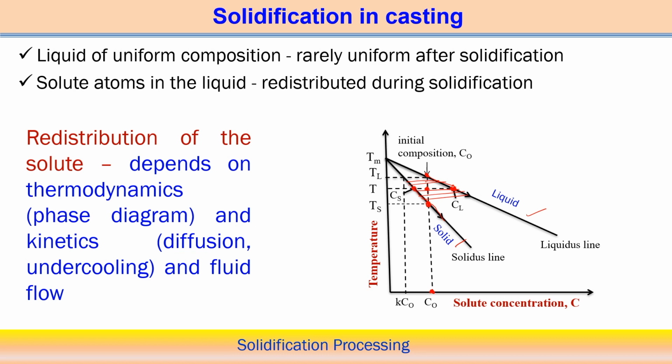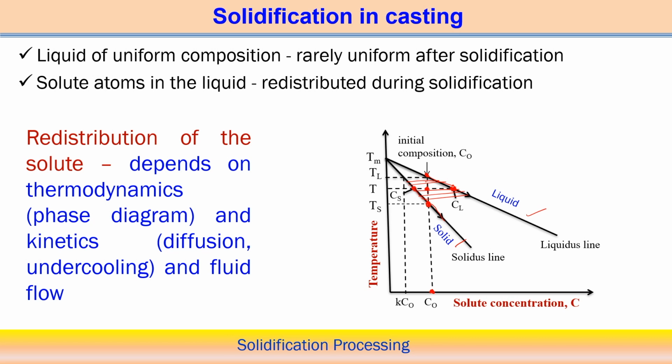I mean to say that in a practical situation it may not follow exactly the solidus and liquidus lines if it is other than equilibrium solidification. That is why the composition is continuously changing between the liquid and solid phase, and based on that we predicted the different assumptions and the theory that we have already explained.